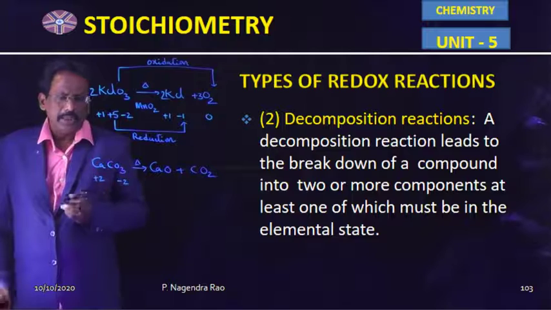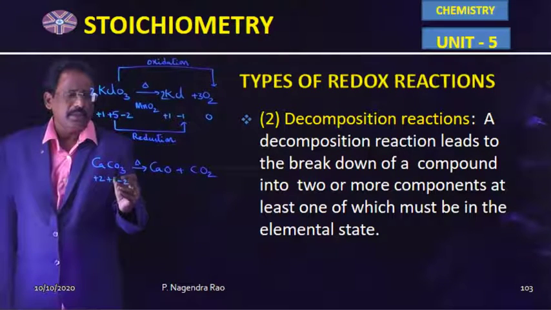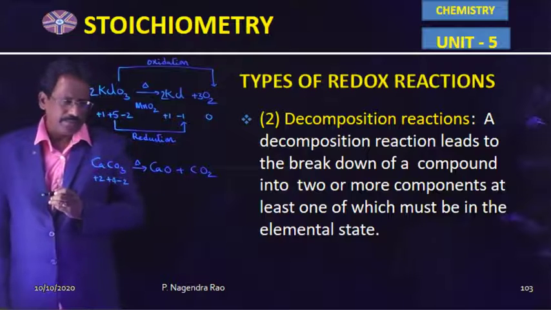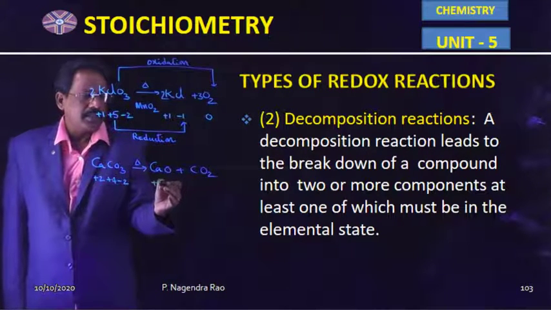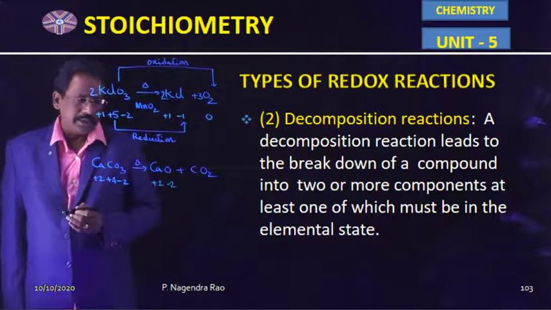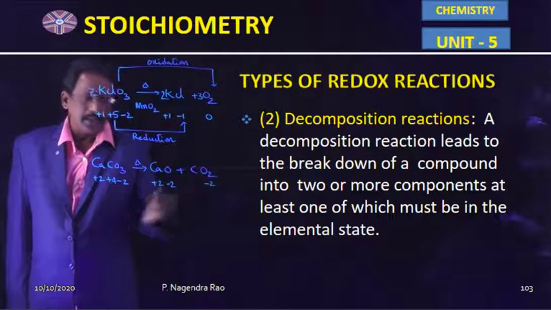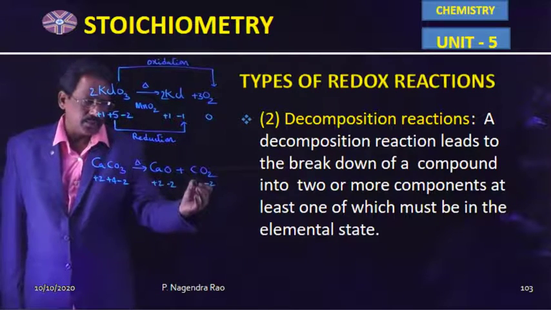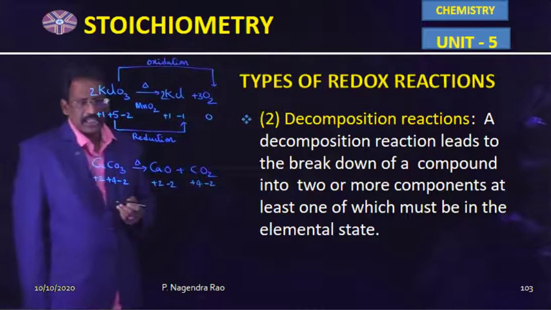So in CaCO3, carbon oxidation state is +4. And in CaO, calcium oxidation state is +2, oxygen oxidation state is -2. In CO2, oxygen oxidation state is -2, and carbon oxidation state is +4.